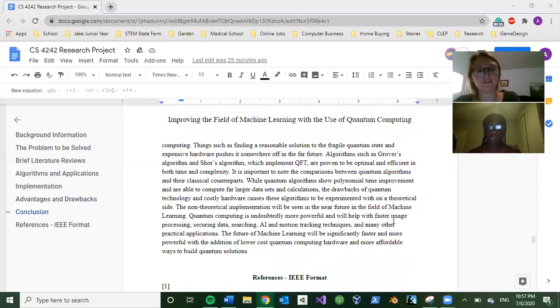And while we found that most of the algorithms are more efficient and their time complexities are better than their classical counterparts, it is still hard to do this on a non-theoretical level due to the costly hardware and what Abigail had mentioned before.